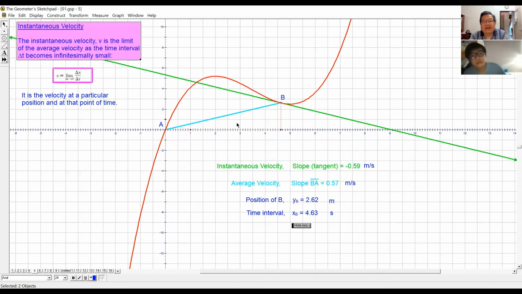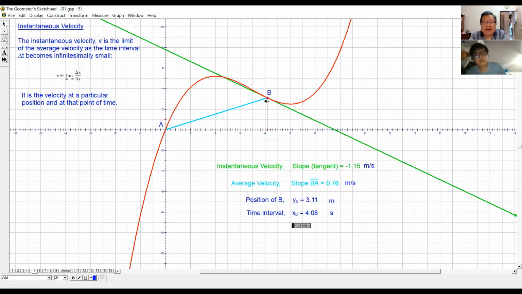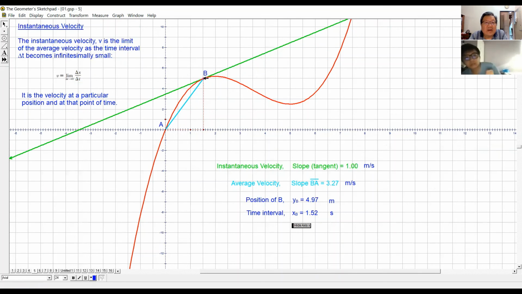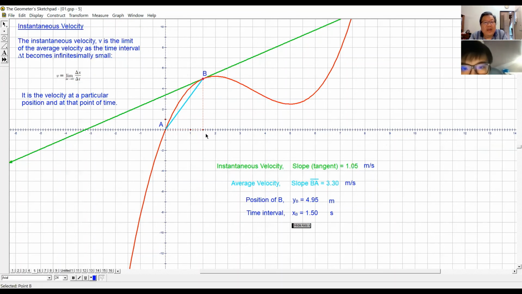Let's say here. Now if you look at the point B, the point B is actually at 1.5 seconds. So I ask you, what is the velocity of B at 1.5 seconds?